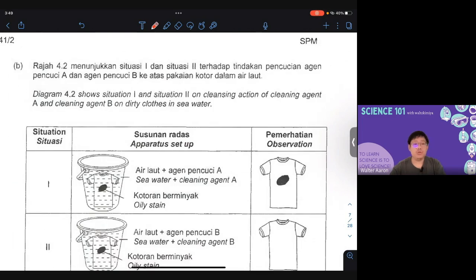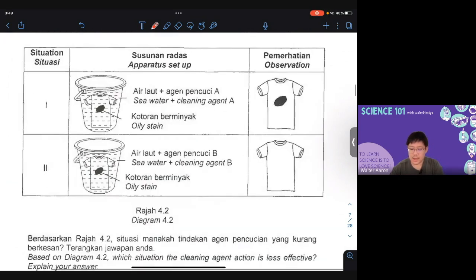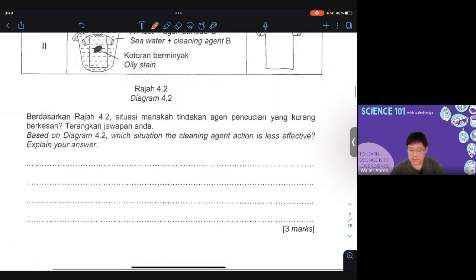B, diagram 4.2 shows the situation 1 and 2 on cleansing action of agent A and B on dirty clothes and seawater. So what happens is that agent A failed to remove the stain, while agent B can actually remove the stain from the shirt itself. So based on this, which situation, based on 4.2, which situation the cleaning agent action is less effective?